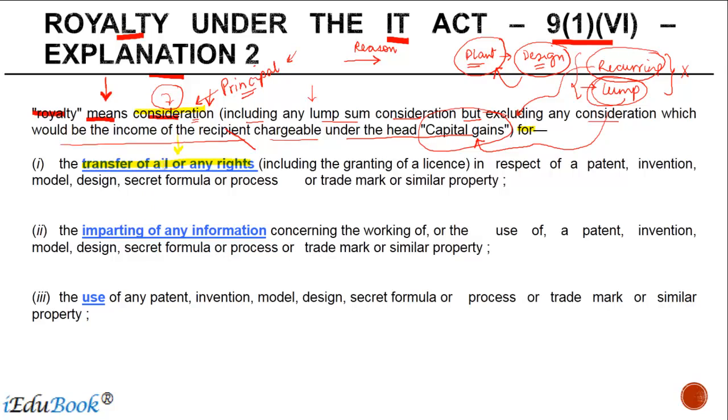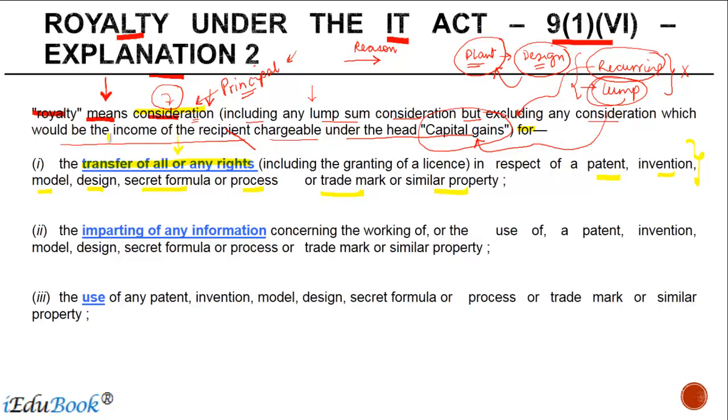So the payment could be for transfer of all or any rights, including granting of a license in respect of a patent, invention, model, design, secret formula or process or trademark or similar property. So if a right is being transferred, whether it is one of the many rights or all the rights in respect of any of these assets, that is going to be classified as royalty.